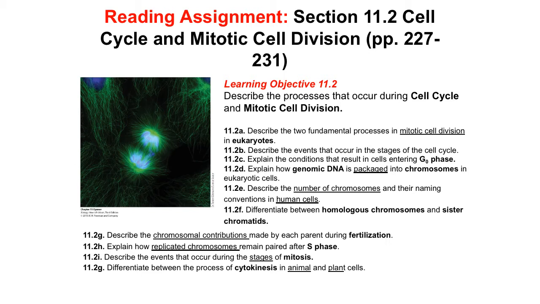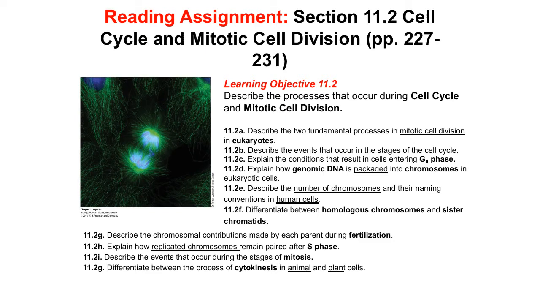So the process of mitosis and the cell cycle is, of course, coupled with the event of fertilization in order to maintain the constant number of chromosomes from one generation to another. And so fertilization is therefore an important aspect of the concept that we need to learn in this section.